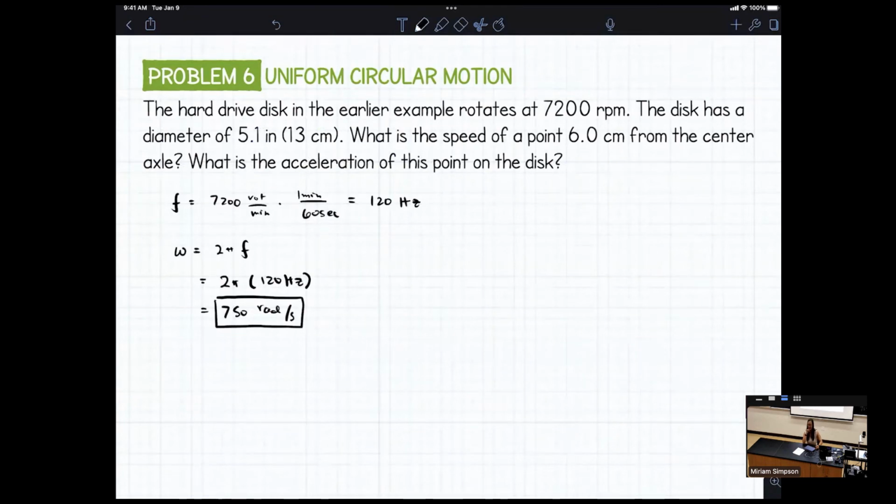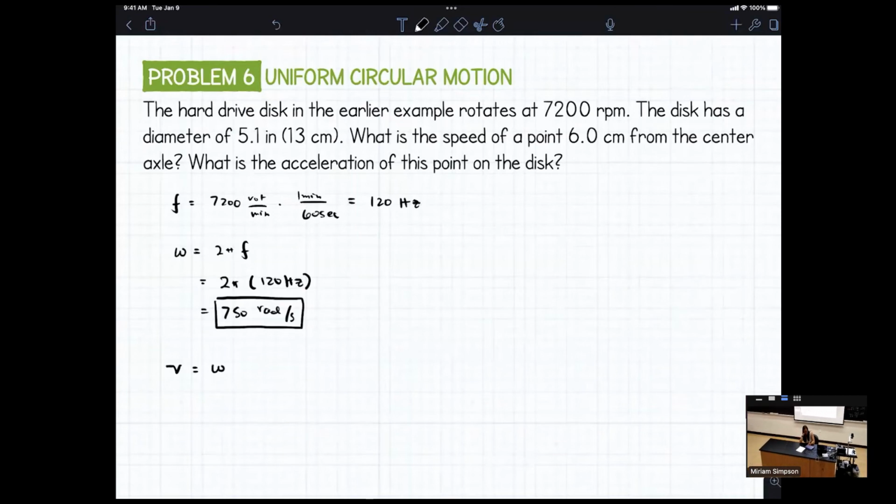We already calculated angular speed, so yeah, we just plug in the radius. So if we want to calculate the regular speed, we just take omega, which we calculated, and multiply it by the radius. In this case, it's not even asking for the speed at the edge, it's asking for it at a specific distance. So this is 6 centimeters from the axle, which is not quite the edge.